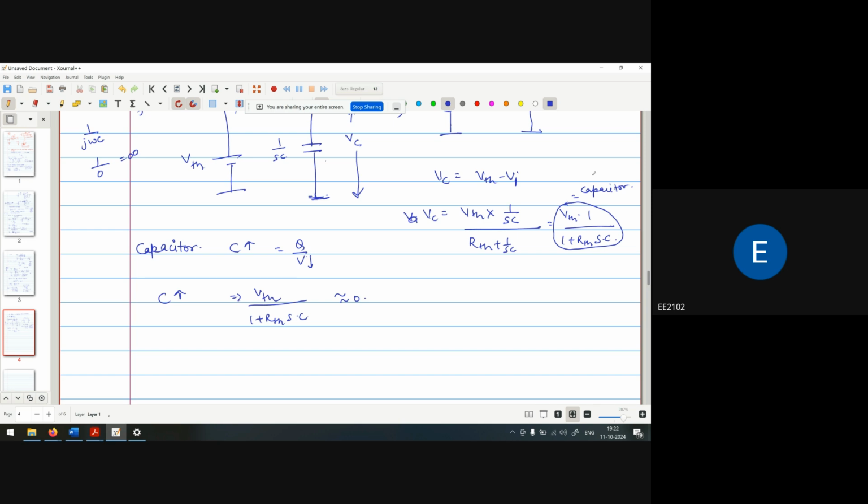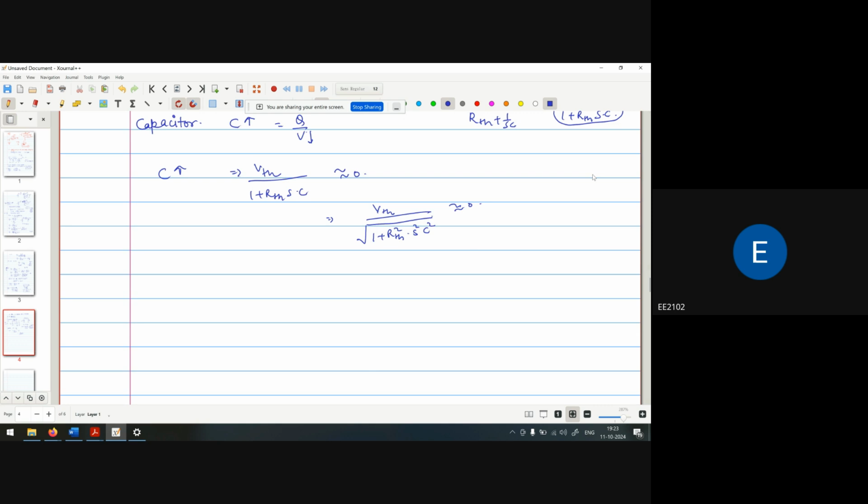Now if this one is 0, VTH upon, if I take the magnitude of the denominator term, the square root of 1 plus RTH square into omega square C square.